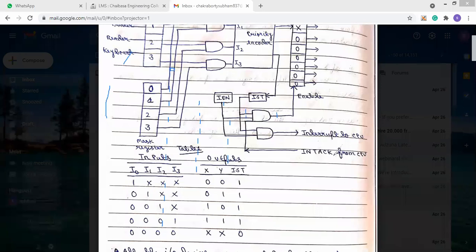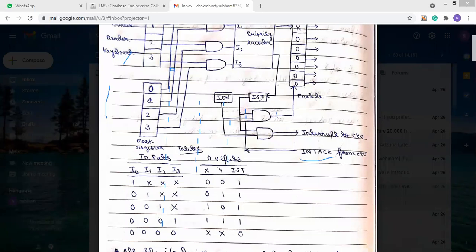And from this, CPU will send an acknowledgement signal to enable the interrupt. If both IEN and IST value is 1, then the CPU will send the acknowledgement signal as 1. It means that interrupt is enabled, and through a particular address, the interrupt will be handled.